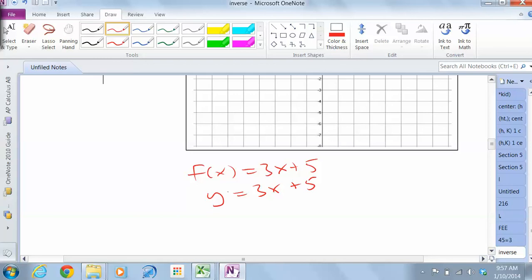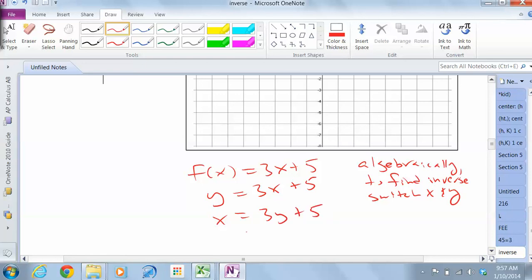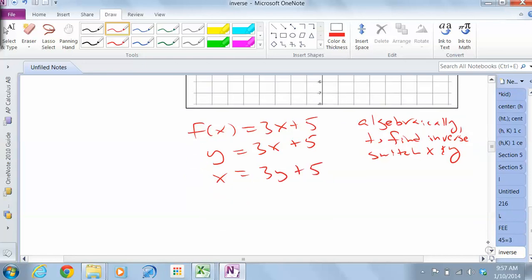Well, algebraically, to define the inverse you switch x and y. So x equals 3y plus 5. 3y equals x minus 5. y equals x minus 5 over 3.